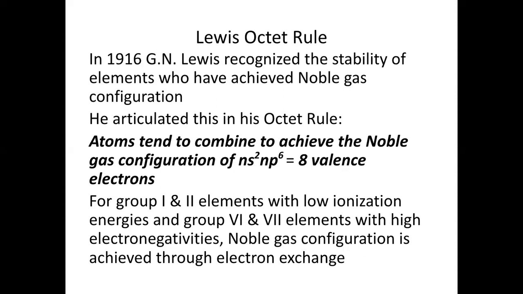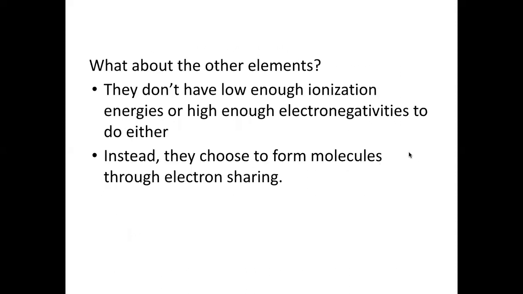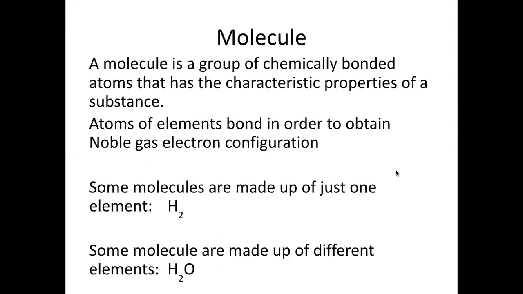So that's what we talked about in chapter 3, where we had our ionic bonds forming. But for this chapter, what happens about all the other elements? They don't have low enough ionization energies or high enough electronegativities to do either. They can't lose or gain. So instead, they choose to form molecules through electron sharing.